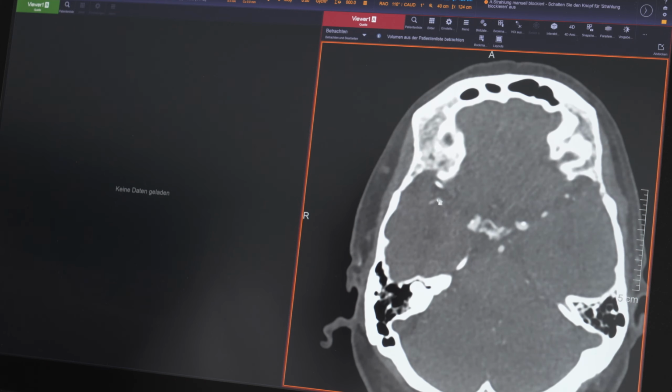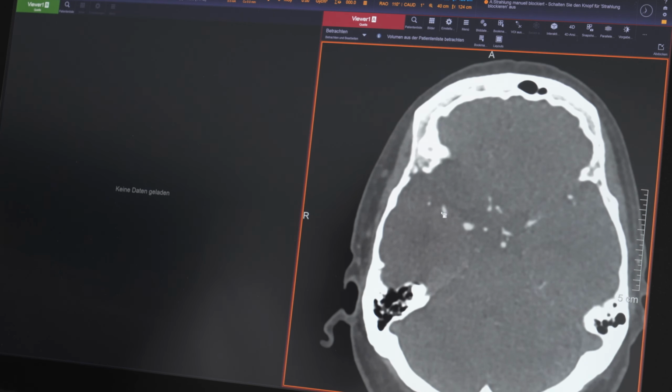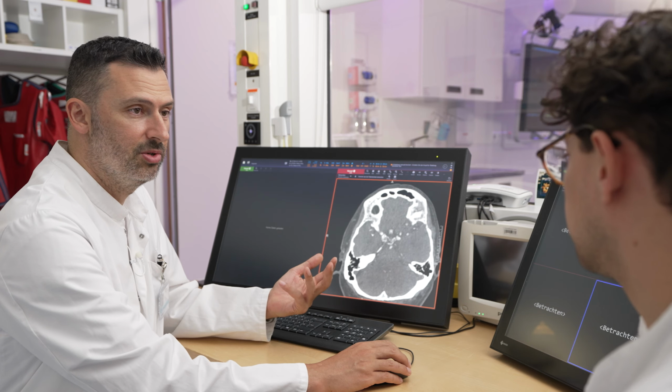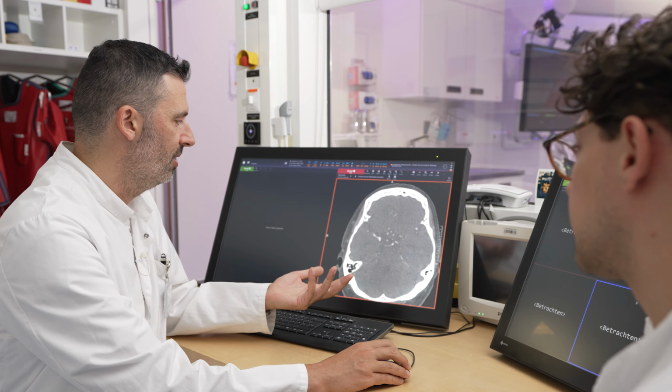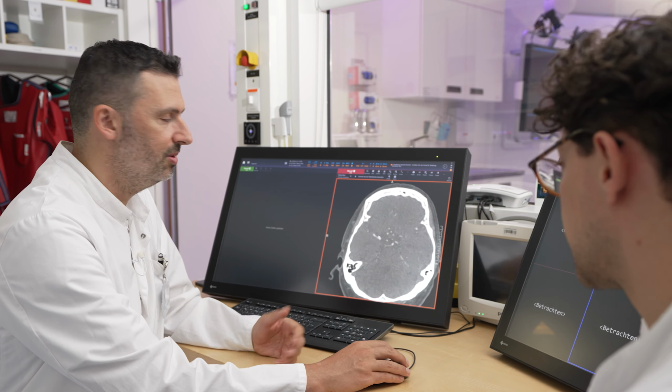Then you have your bifurcation, the curve of the bifurcation there, but actually there is a vessel missing, and you don't see where the occlusion is. So I think this is a case where having perfusion, being able to see the deficit, is really helping you.